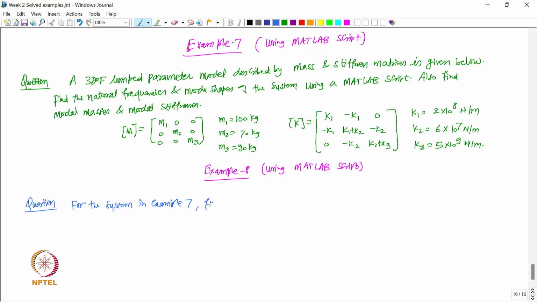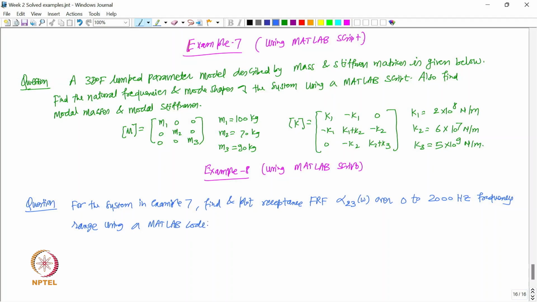We need to find and plot the receptance FRF alpha 2 3, using the convention we wrote earlier, over a 0 to 2000 hertz frequency range, using a MATLAB code. So, we have to write a MATLAB code and then do that.